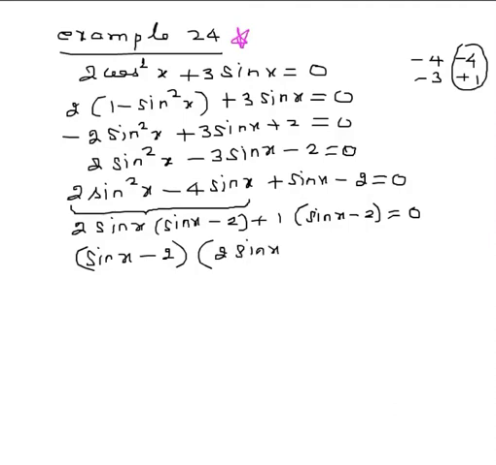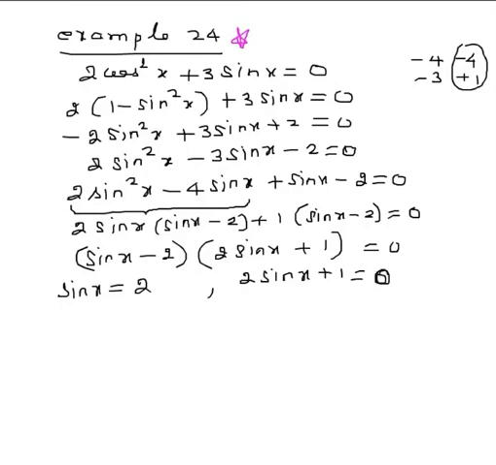We get 2 sin x from the first term and plus 1 from the second term. We have done factorization. Product of two terms is 0. So either the first term should be 0 or the second term should be 0.